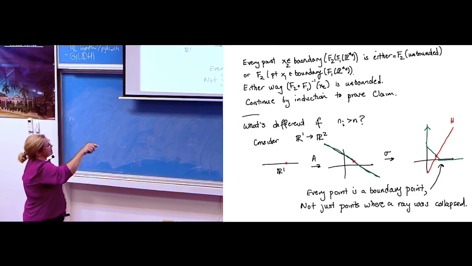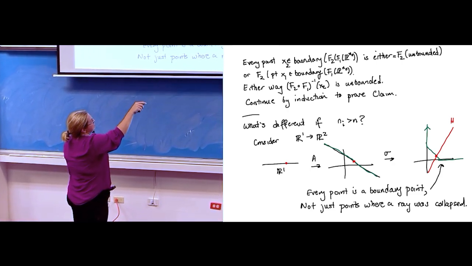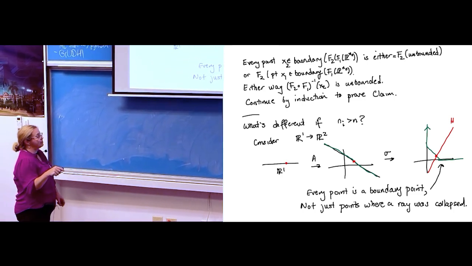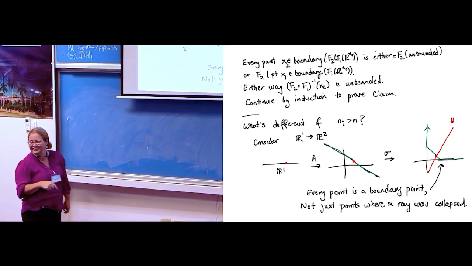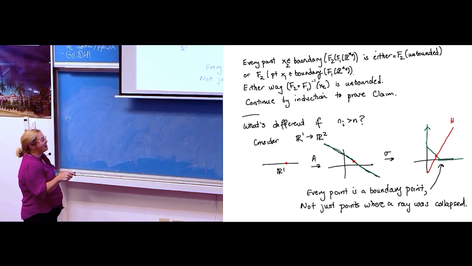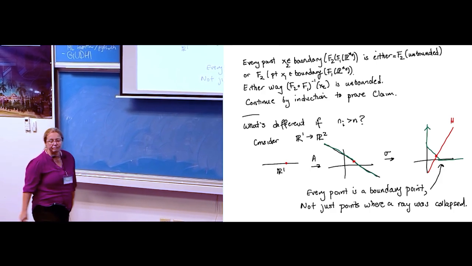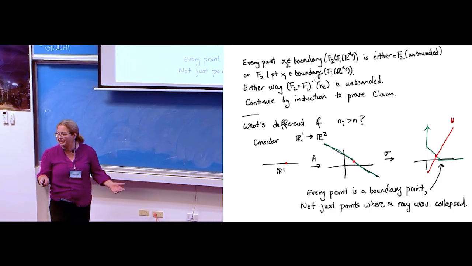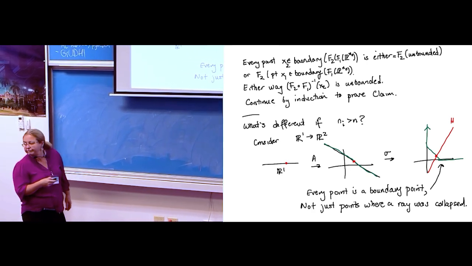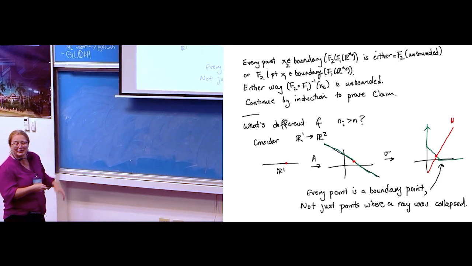The ReLU makes all the negative stuff 0, and so we get this green thing. What's different now is that every single point is a boundary point, because it's a lower dimensional thing, not just the points where something got collapsed. So that's why the Rn mattered. To do this formally takes a lot more work.